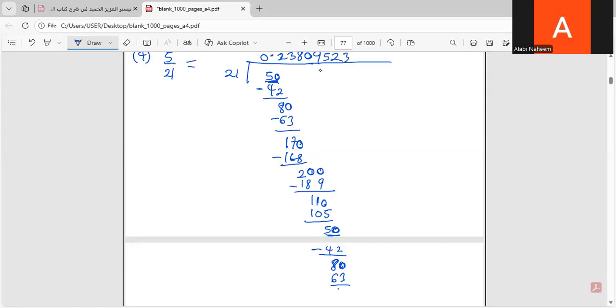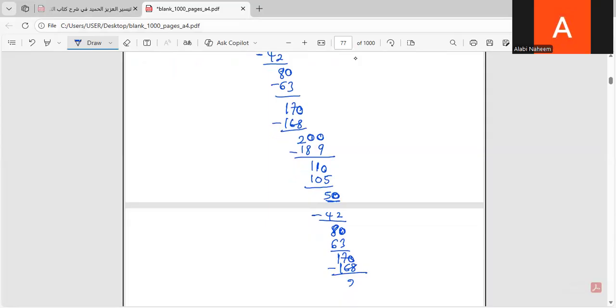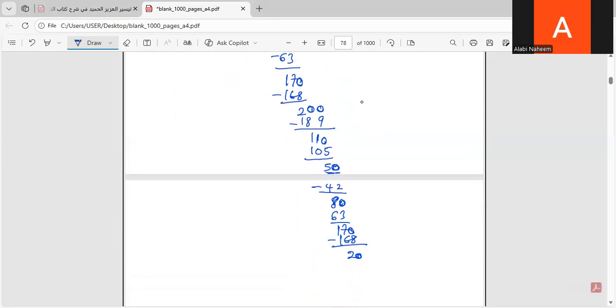Subtract, you have 17. 17 is smaller than 21, so we include 0. 21 in 170 is 8. 21 times 8 is 168. Subtract, you have 2. 2 is smaller, so you include 0. Also, 20 is smaller than 21, so you add another 0.